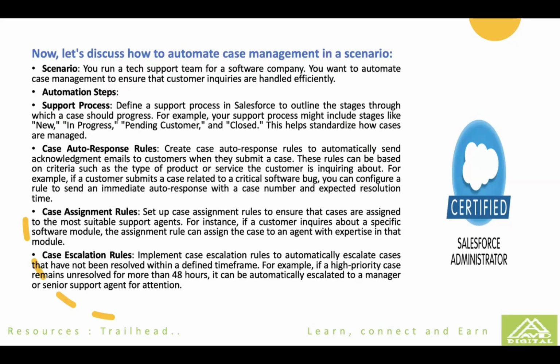For example, if a high priority case remains unresolved for more than 48 hours, it can be automatically escalated to a manager or senior support agent for attention. That's what it means. If you have this kind of high priority case, a high priority case simply means maybe it's a big business, a big company that deals with you in millions of dollars.